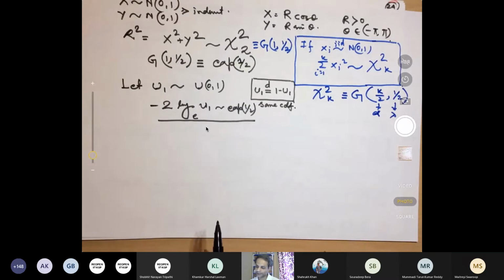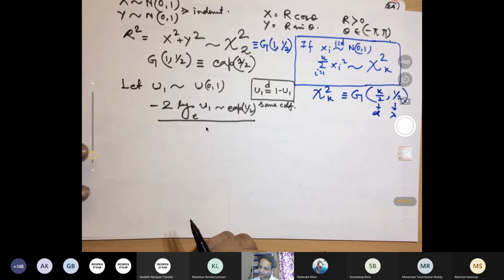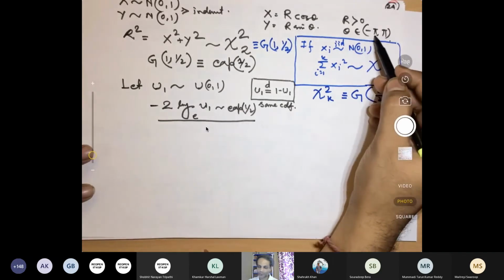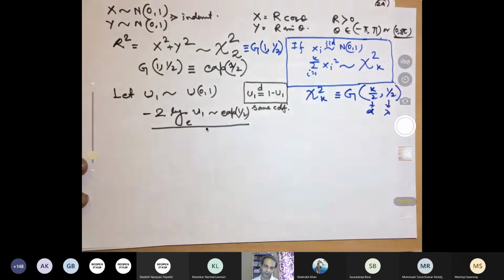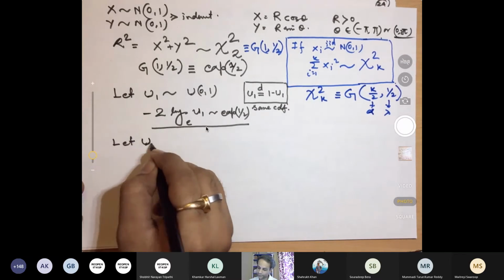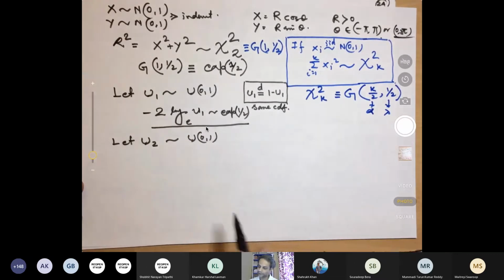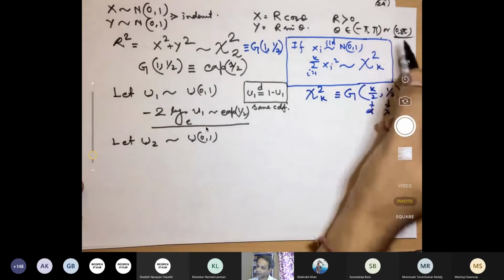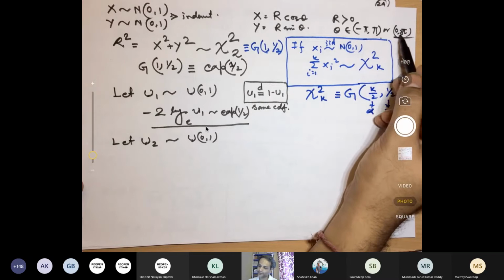This is the known result from our previous classes. So let us try to make the connection. For the angle, you can take it from minus pi to plus pi, or from 0 to 2 pi. It has no problem. If we let another random variable U2 follow uniform 0, 1, how can you make the transformation such that you get a random variable following uniform 0 to 2 pi?